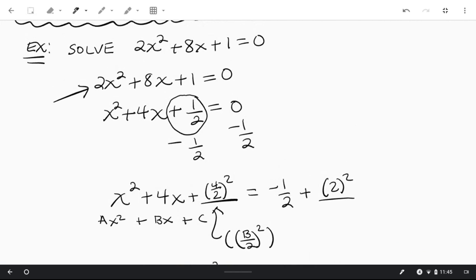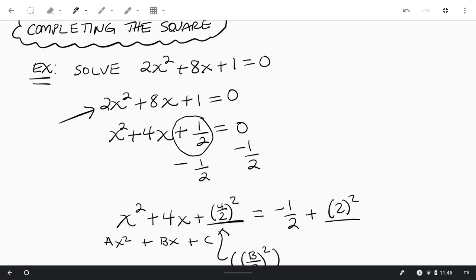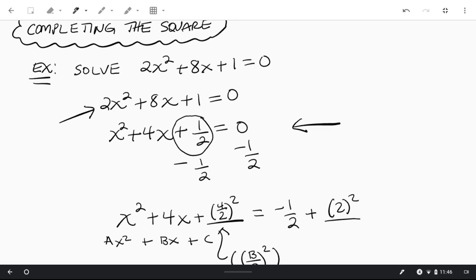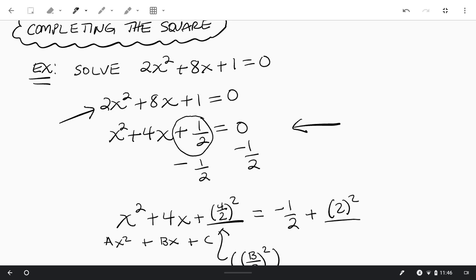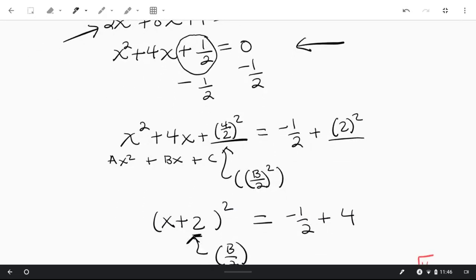Okay, so right here, in this step, we move that third term because that one is not working for us. It's making this not factorable. Okay, so here we move that third term. So we subtract 1/2 to both sides.